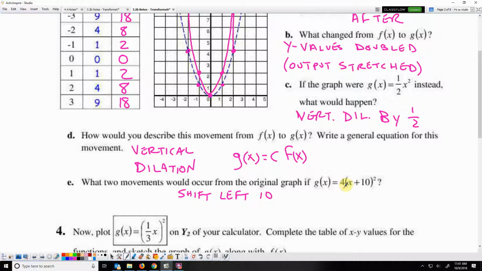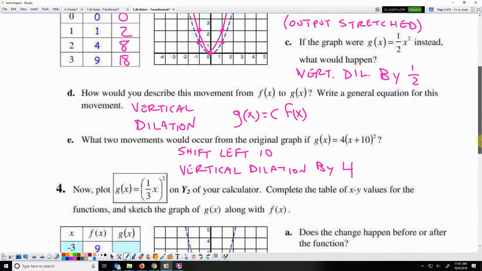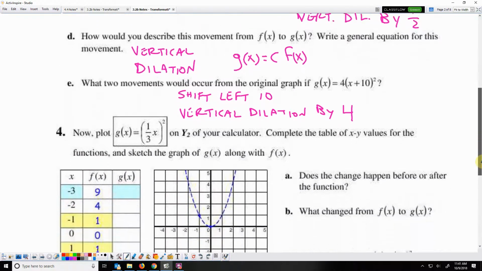And then this right here is going to stretch it 4 times as tall. So it's going to have a vertical dilation by 4. So it'll shift left 10, and it'll become 4 times as tall. All the outputs will be multiplied by 4.